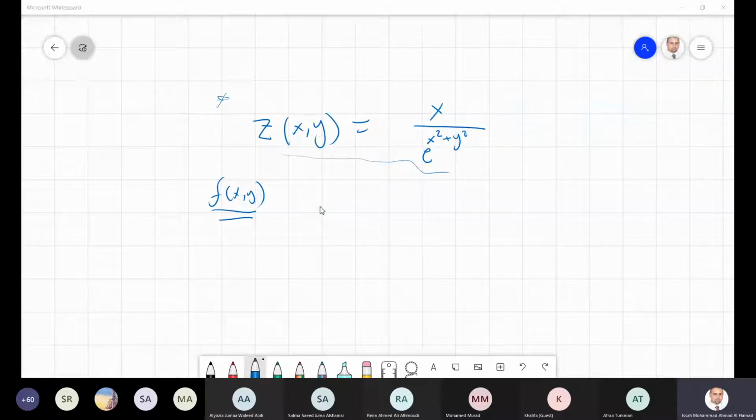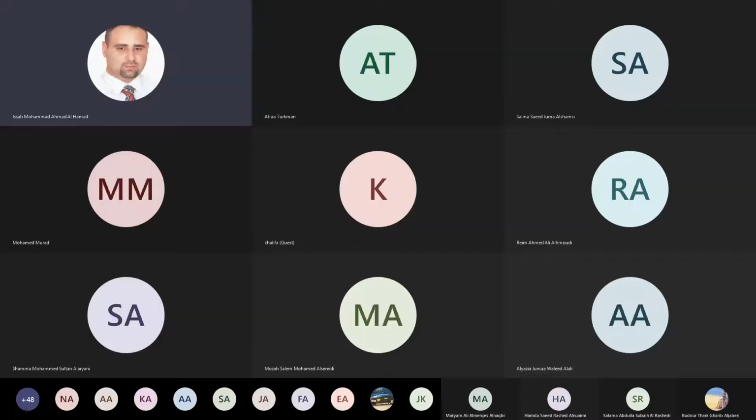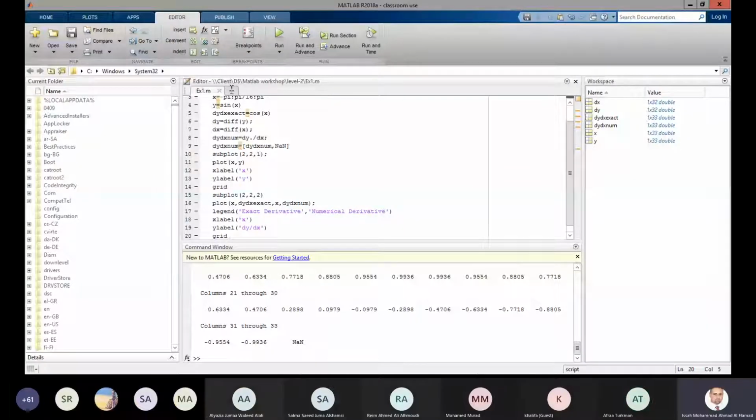So let's see how we can do this. I will go back to Matlab now. This is the Matlab. Let me open a new script file.